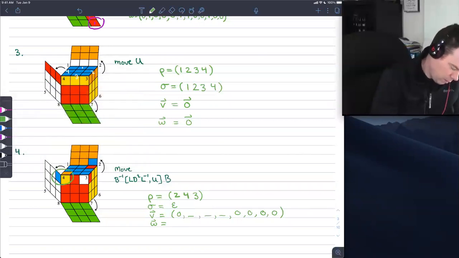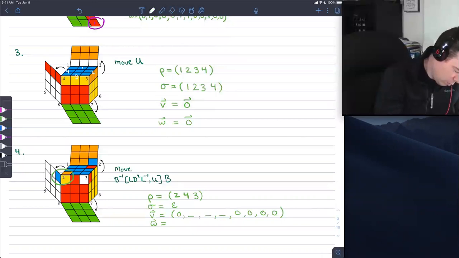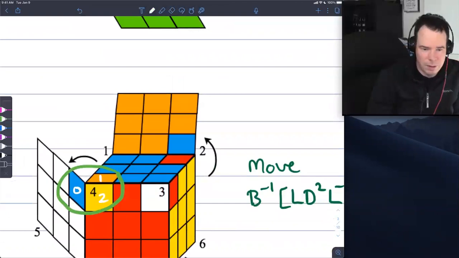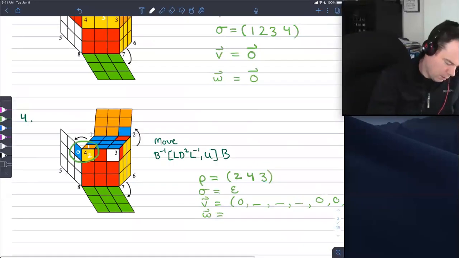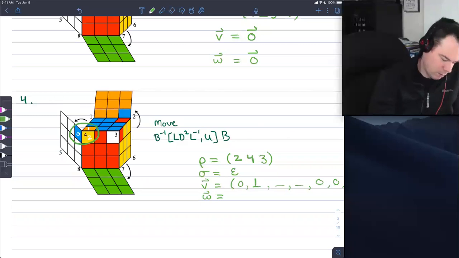I remember that the blue is always a 0, and then we go clockwise around, so that would be a 1, and that would be a 2. So currently we have a 1 in that primary faucet. So that would be a 1 there.